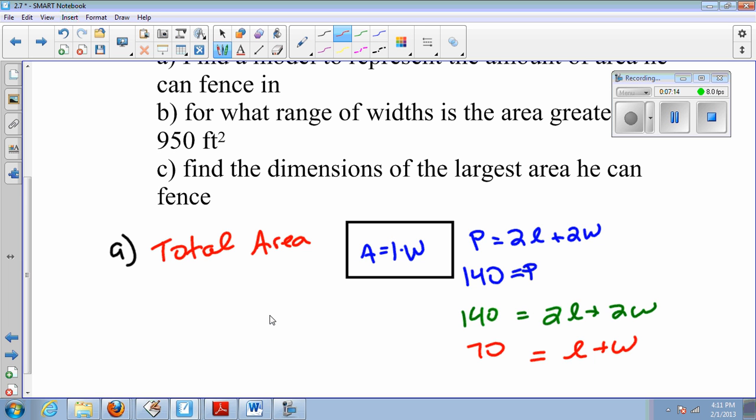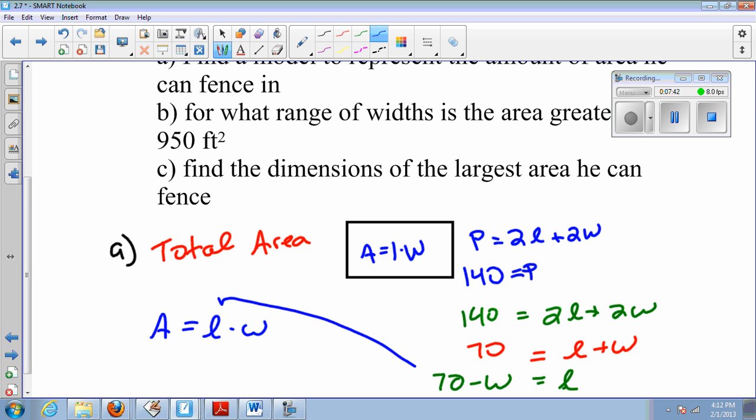So we need to solve for one of the variables in our perimeter. So let's say length is one we want to solve for. So length equals 70 minus W. So we're going to use this in our area formula. Area equals length times width. Plug this in.